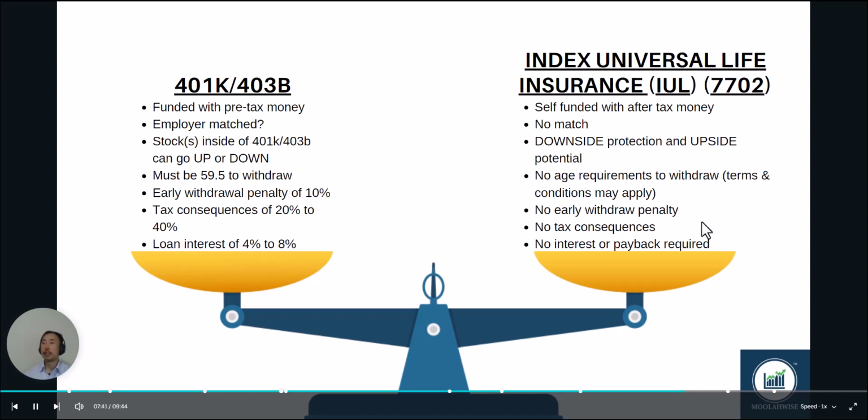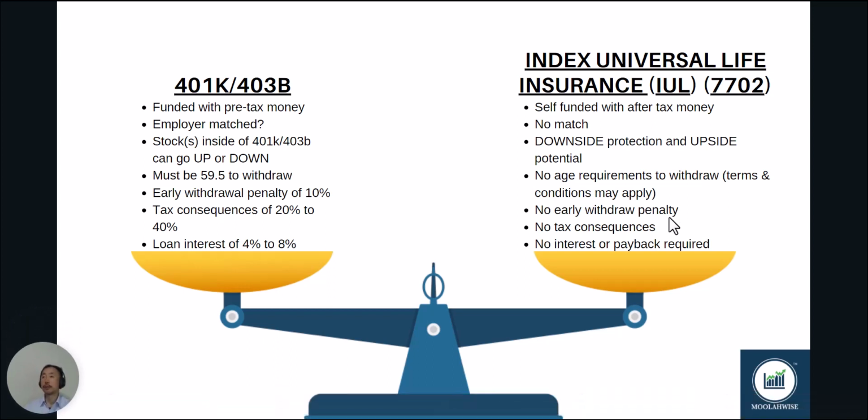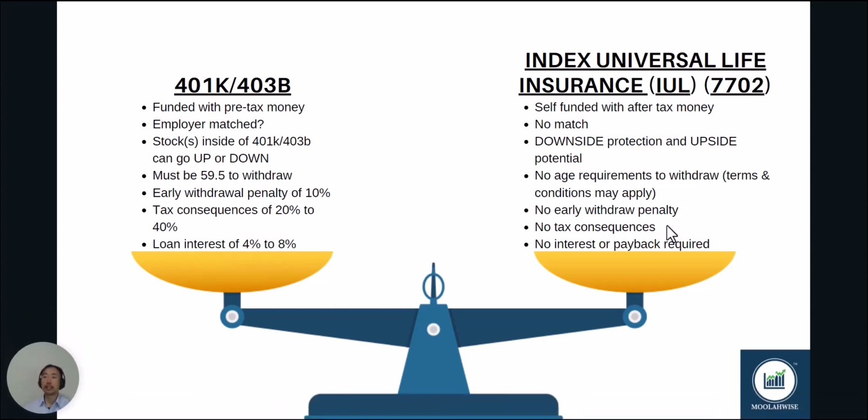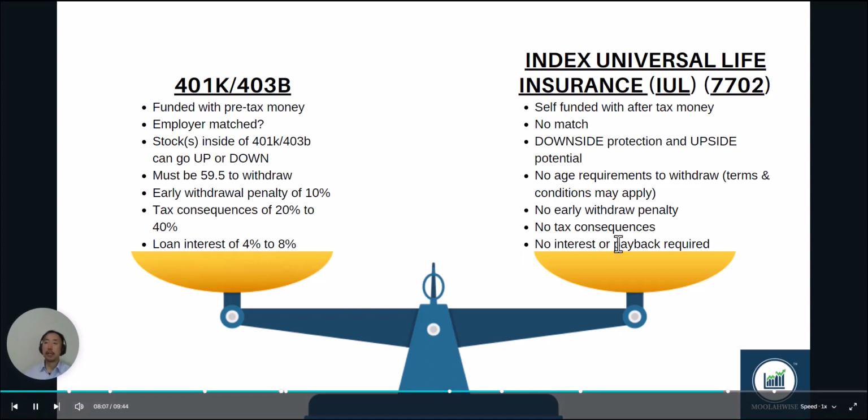In certain life insurance programs, if you take it out by a certain time, you might have to pay a penalty, if you will. But there's no early withdrawal penalty, there's no tax consequences on the money you access, and when you take this money out, there's no interest or payback required.